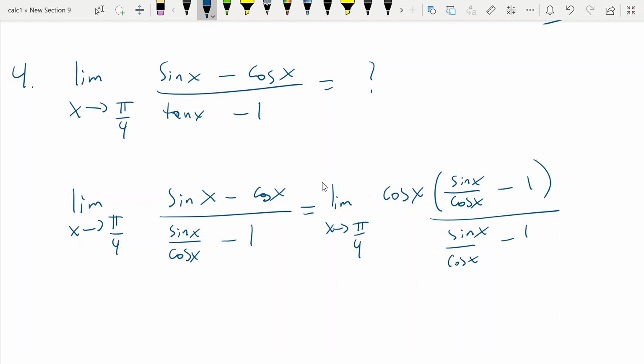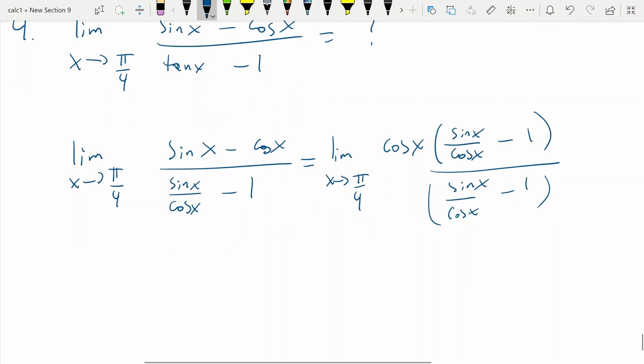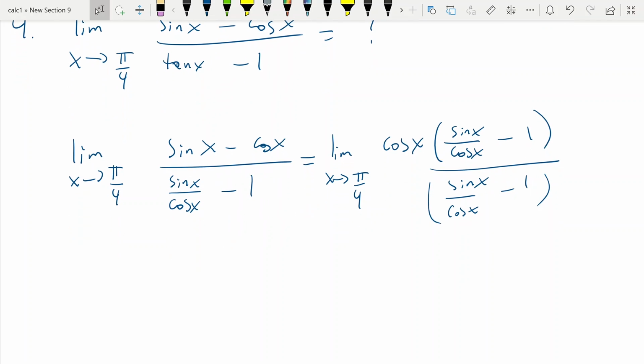But this is the same as what I have on top. And remember that since x is not pi over 4, sine x over cosine x minus 1 is not equal to 0. So we can cancel this out, and we just get the limit as x approaches pi over 4 of cosine of x.